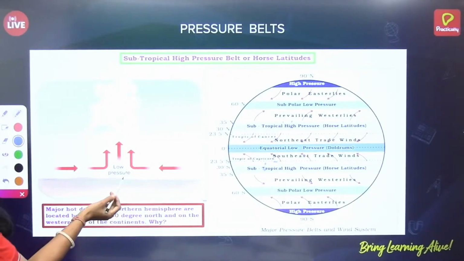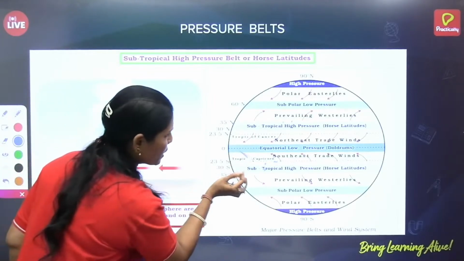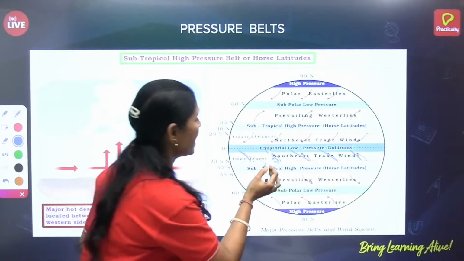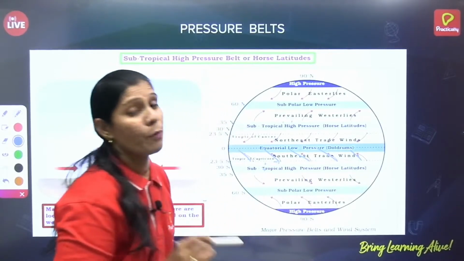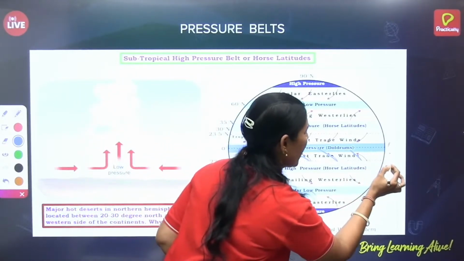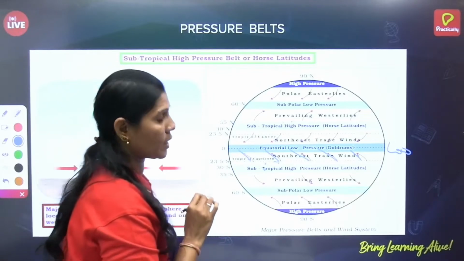See, one more important thing: due to atmospheric pressure and these winds, low pressure and high pressure are created, especially near the equatorial regions, which are hot regions. Low pressure is created due to the excess heat received by the water bodies, especially seas.